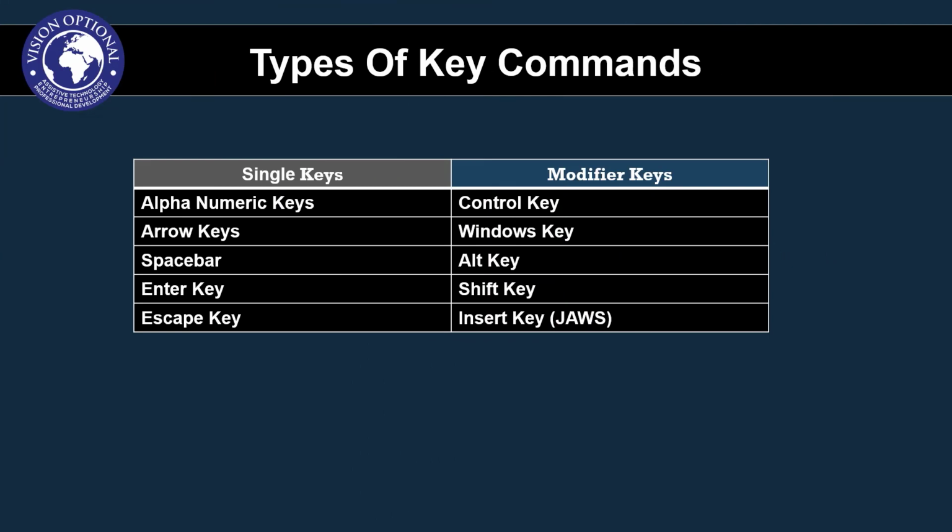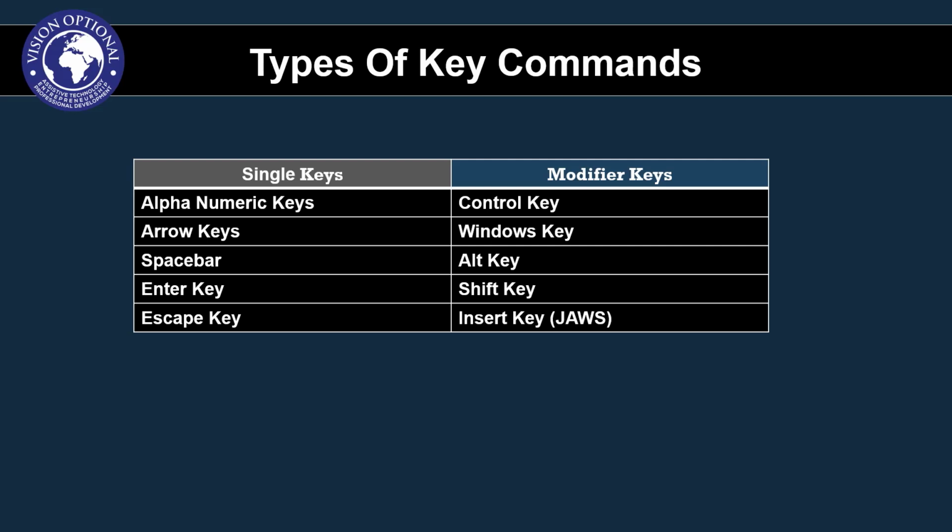Types of key commands. There are two main categories of key commands: single key commands and key combinations. A single key command is one key that performs an action when pressed. Examples of this would be your alphanumeric keys, arrow keys, spacebar, enter, and escape key. Key combinations are two or more keys that work together to perform an action.